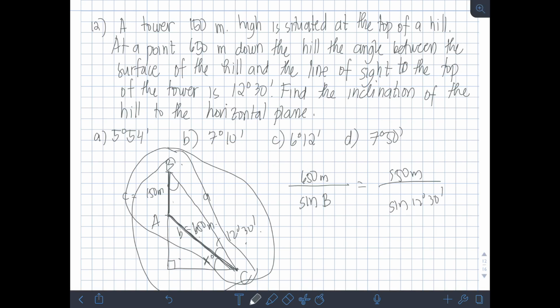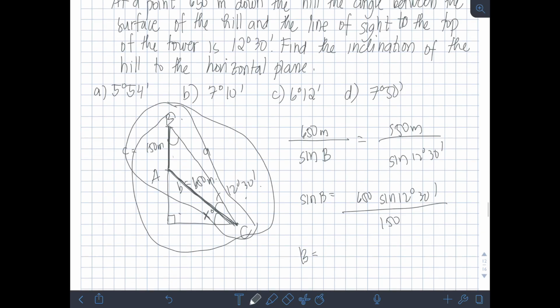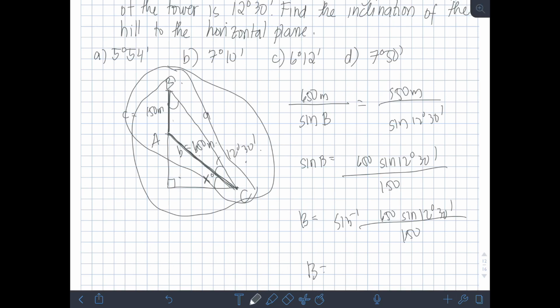So, solve natin si B, we have, so sine B is equal to 650 times sine 12 degree and 30 minutes over 150. So, therefore, B is equal to arc sine of 650 times sine 12 degree and 30 minutes over 150. So, gamit na lang tayo ng calculator para masolve si angle B. We have 69 degree, 42 minutes, and 9.55 seconds.